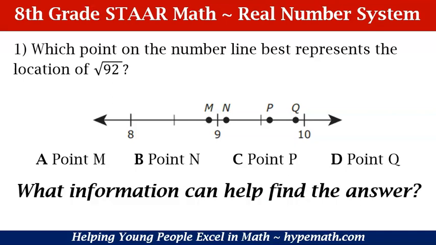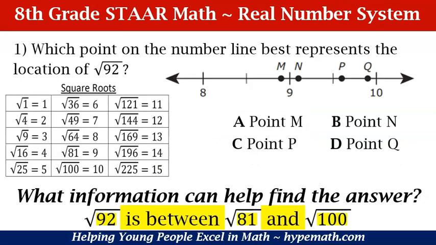What information can help us find the answer? The information that can help us is looking at the square root chart that we were reviewing earlier, to see which two numbers the square root of 92 is in between. And as we see, it is in between the square root of 81 and also the square root of 100.